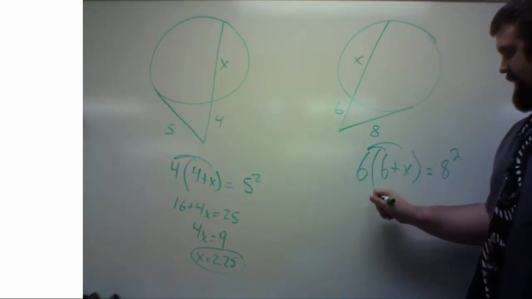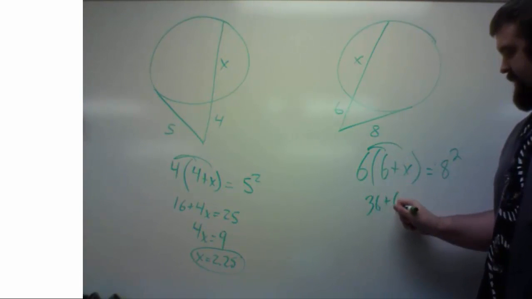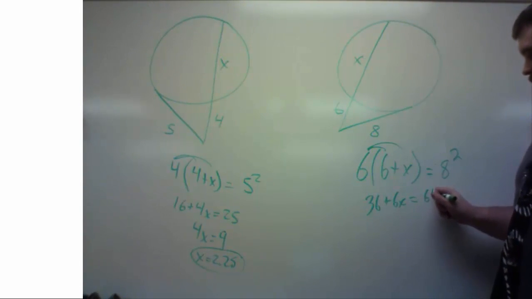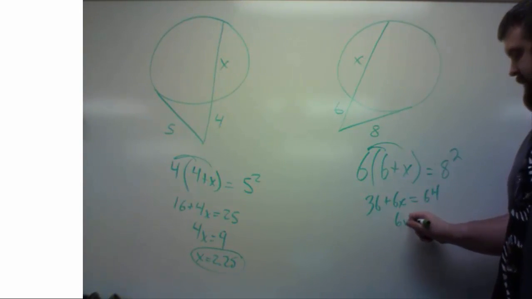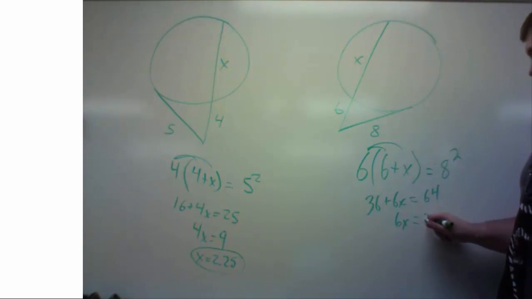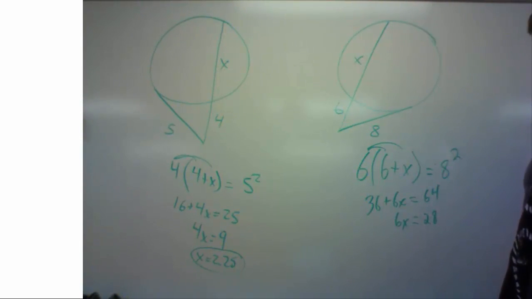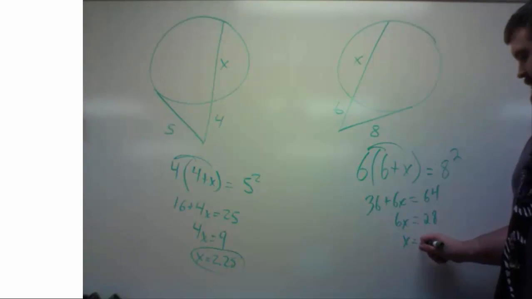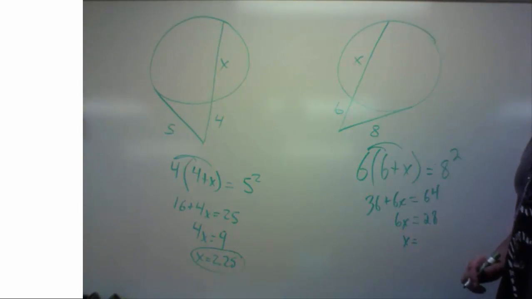Distribute and solve. I get 36 plus 6x equals 64. Subtract 36 from both sides. 6x equals 28. Yep. So x is 4.6. Alright, I'm fine with leaving this answer in one of two ways.